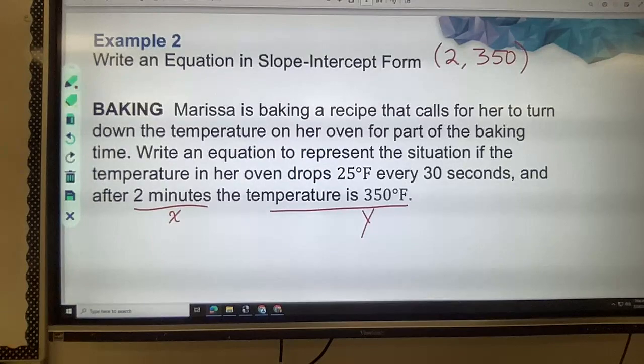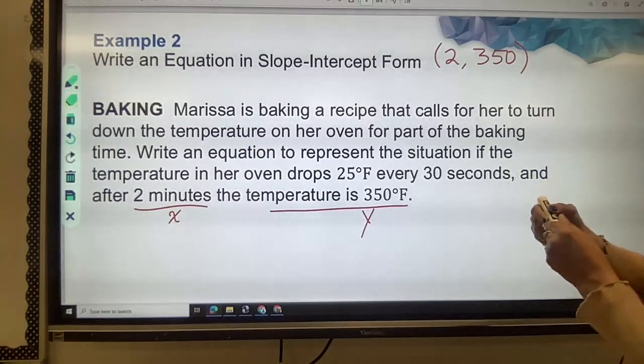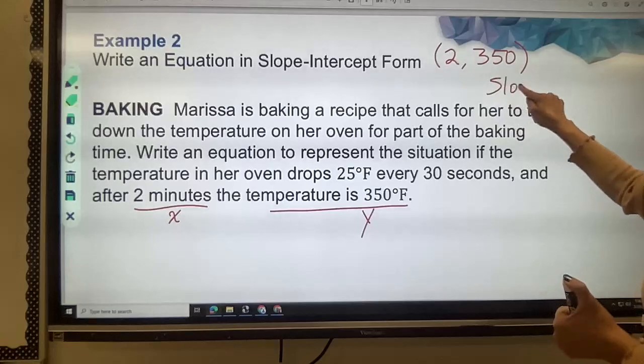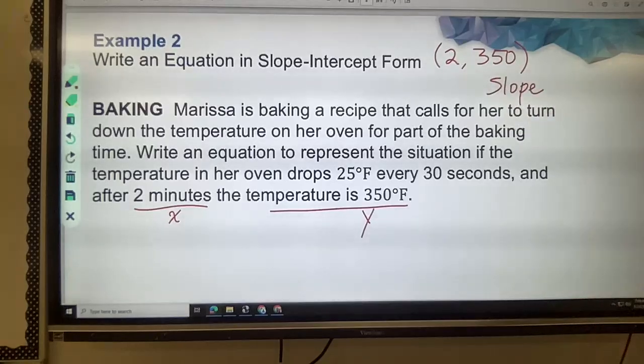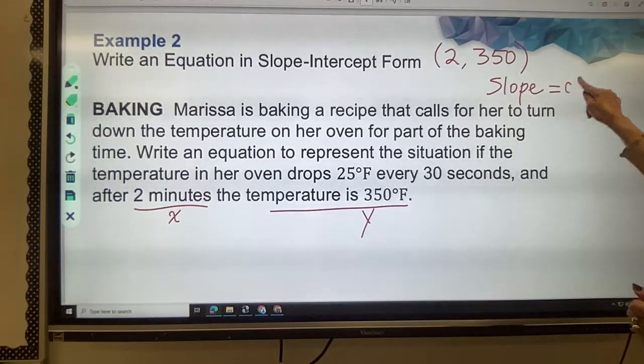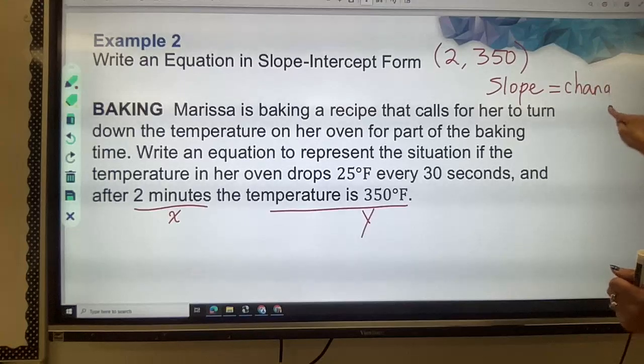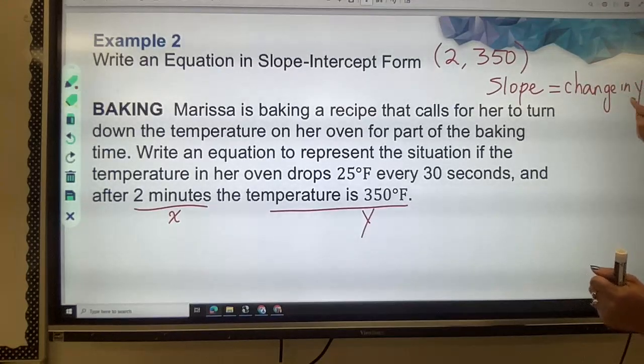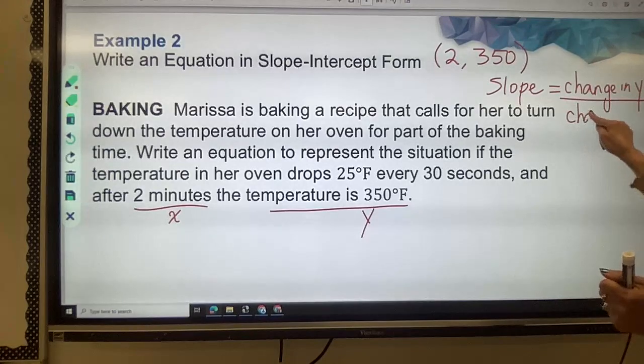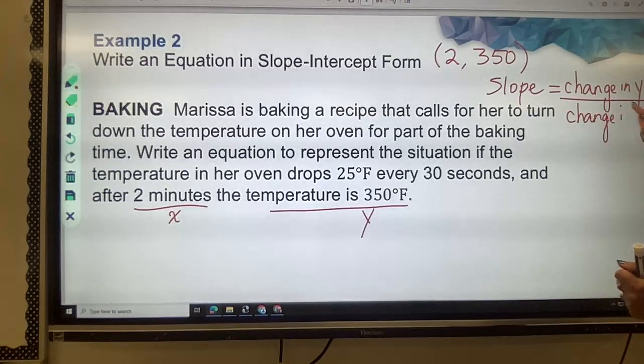If I'm looking for slope, that is change in Y over change in X. That's what slope is.